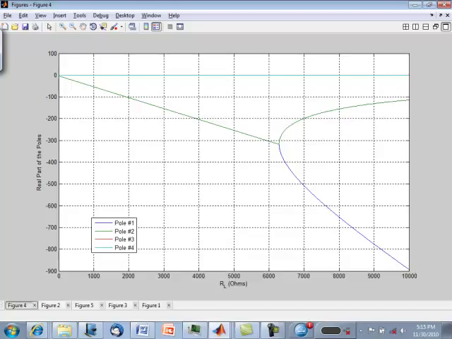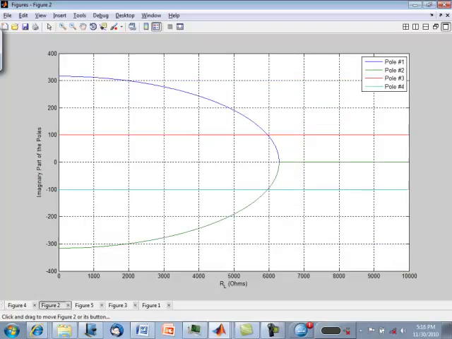If we look at the imaginary part of the poles, which is the interesting thing, we can see that poles 3 and 4 are complex conjugates of each other. Remember, they have no real part, but now they're complex conjugates, plus and minus 100J. So poles 3 and 4 represent a perfect cosine with no decaying exponential, and they don't change at all as RL changes.